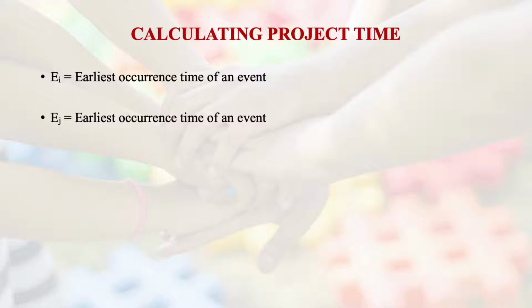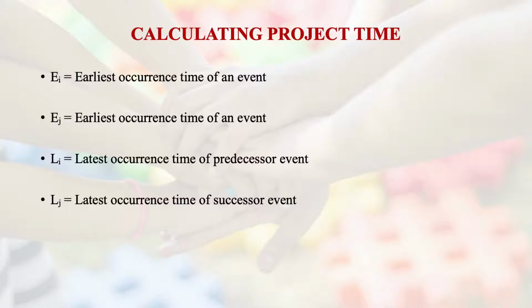So I and J. The latest occurrence time of a predecessor event is called Li, and the latest occurrence time of the successor event is Lj. And Tij is the time of a particular activity from event I to event J.